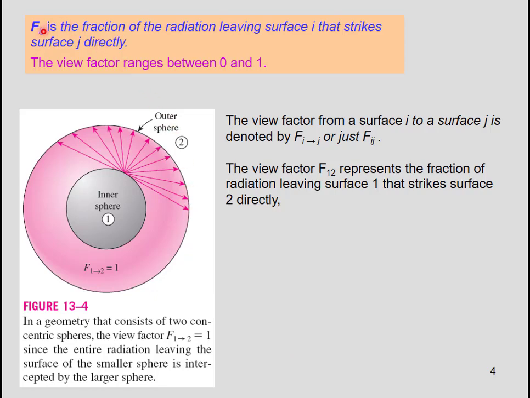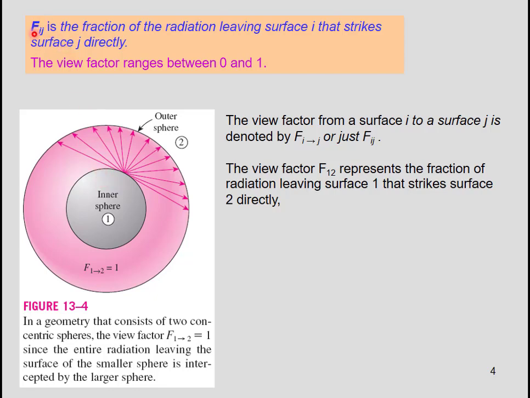This view factor is usually shown by the symbol F, with two subscripts, which are related to the two surfaces, where the radiation from one of them strikes the other one.